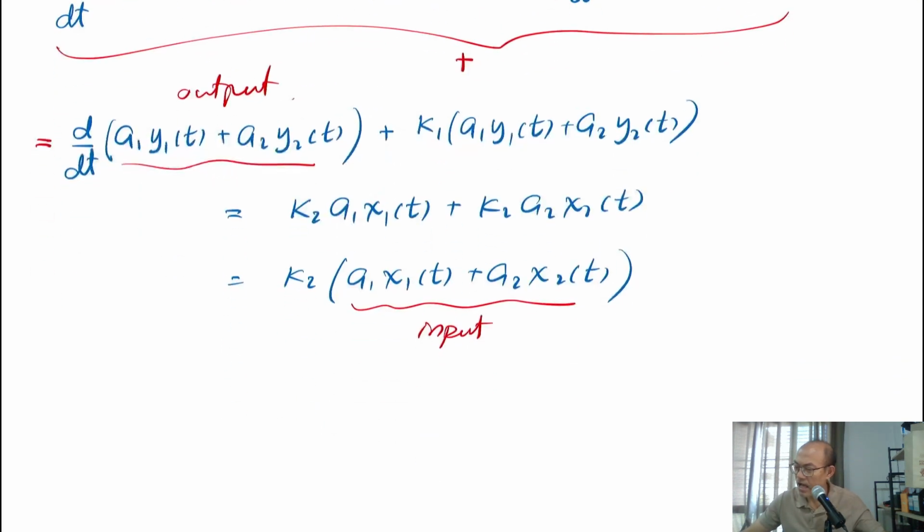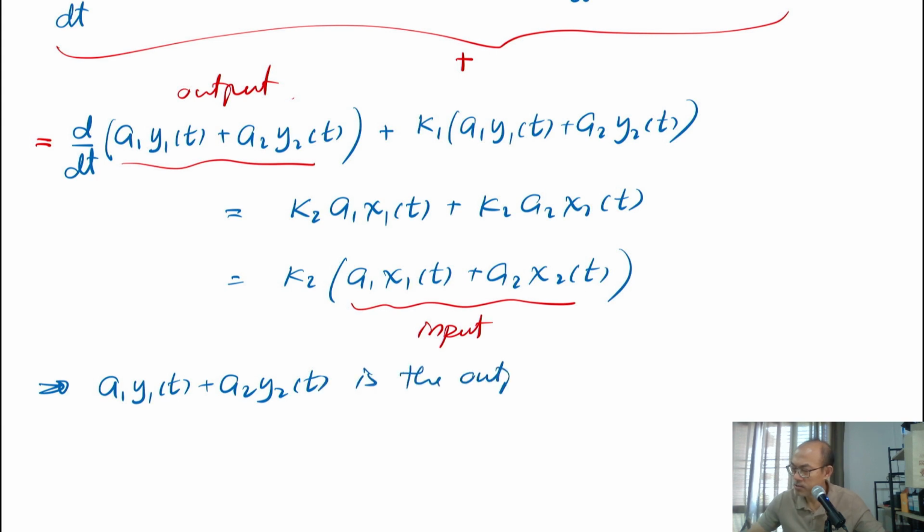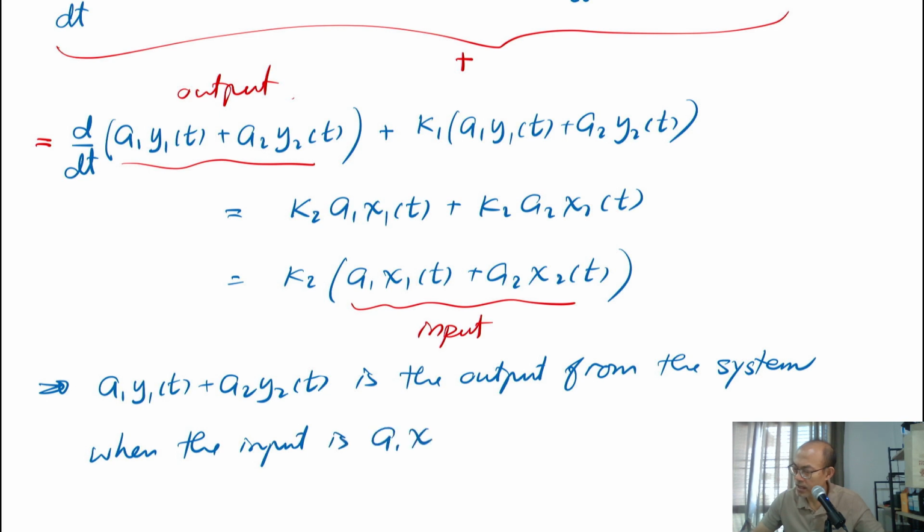And so we can say that a1 y1 plus a2 y2 is the output from the system when the input is a1 x1 plus a2 x2.